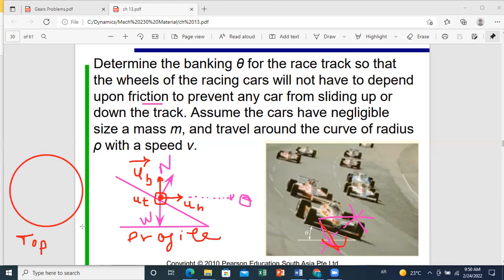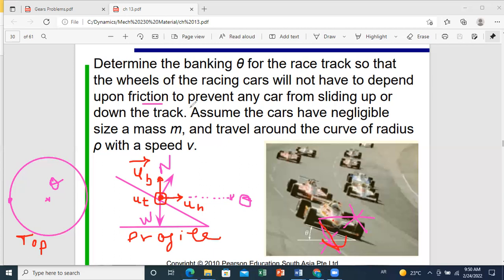I will also use different colors. So this is the track that you will see from top. Your origin O is the center of this circle. Your car is here now.